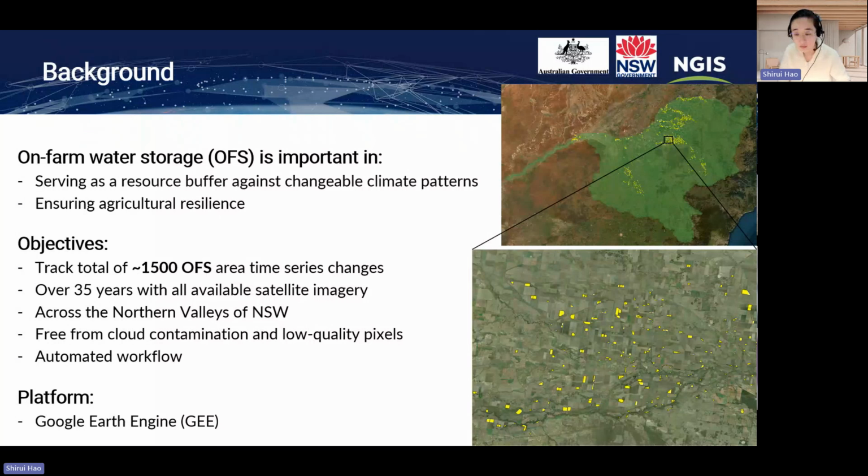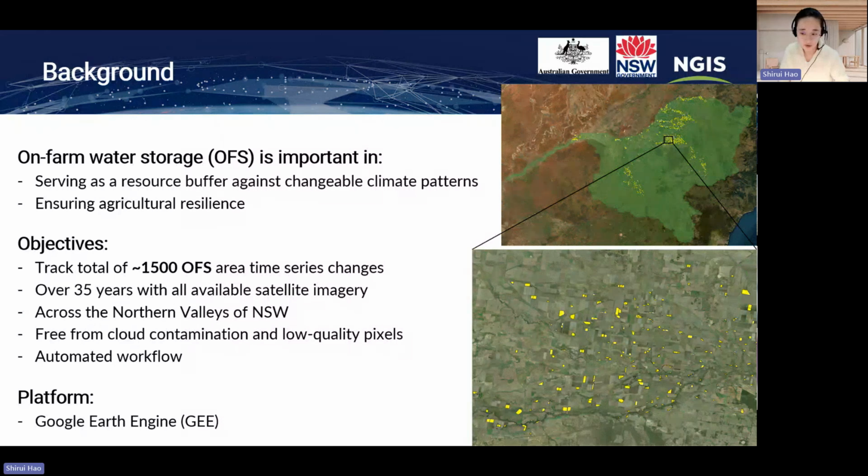I have a map here to show the entire area, and the yellow shaded polygons are each of the unfarmed water storages that we're interested in. All the data that we deliver should be free from cloud contamination and free from low quality pixels.